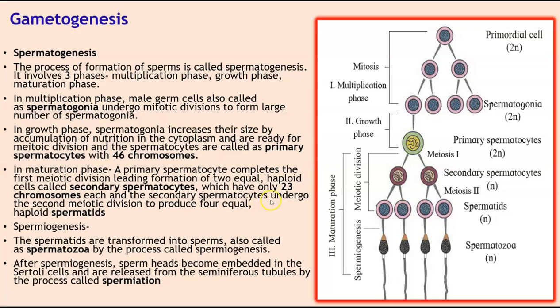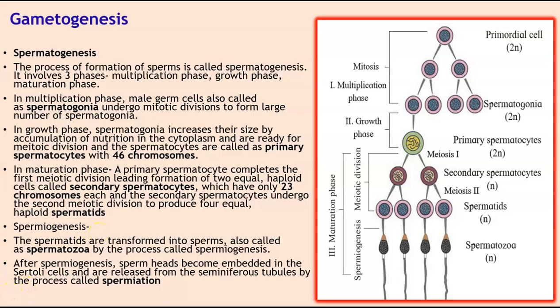Each of these secondary spermatocytes undergoes the second meiotic division to produce 4 equal haploid spermatids. So they undergo the next step, meiosis 2, and develop into 4 haploid cells, which are your spermatids, and they have an equal amount of chromosomes, in the haploid state.